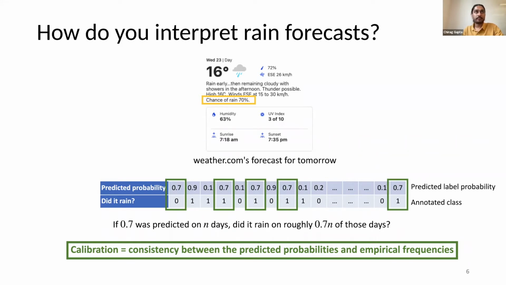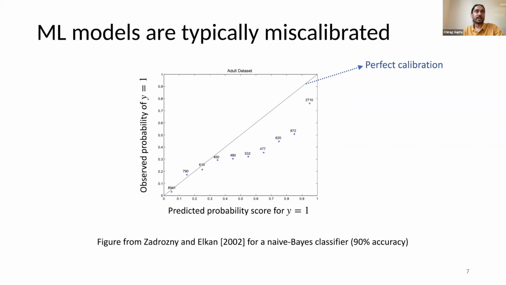Okay, so let's get into the definition of calibration. But before that, do you actually have this problem in ML models? You actually do. ML models are typically miscalibrated. In this example, we have a naive Bayes classifier, which is highly accurate. And we plot on this simple chart what happens when the probabilistic prediction for the class y equals 1 is a particular value.